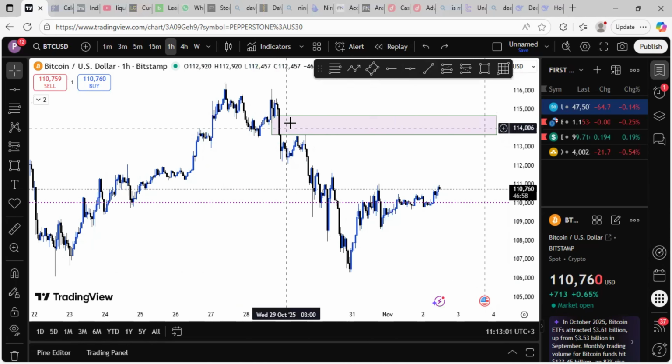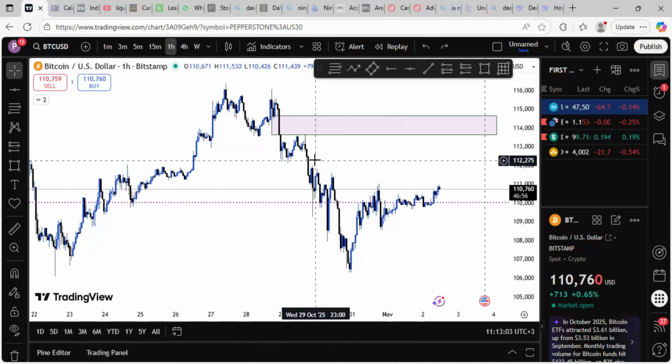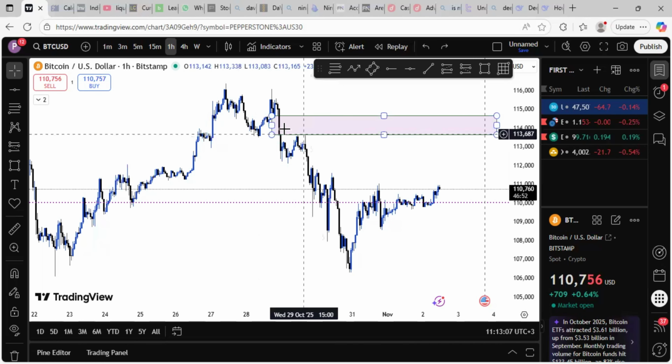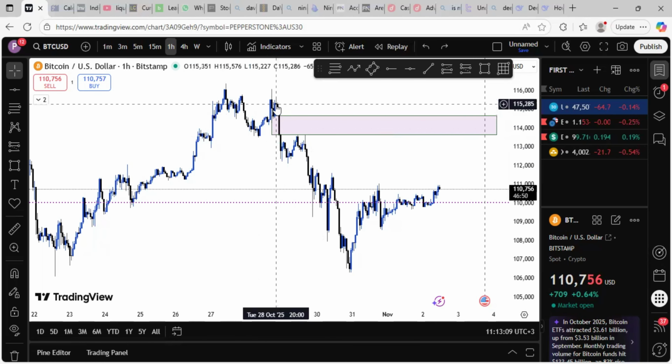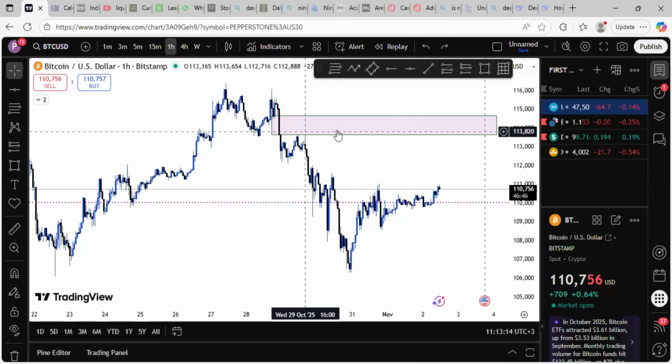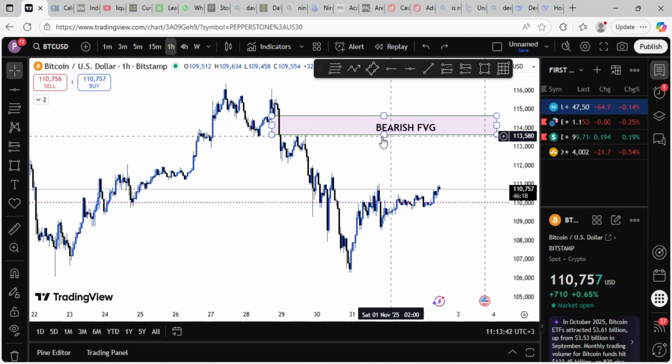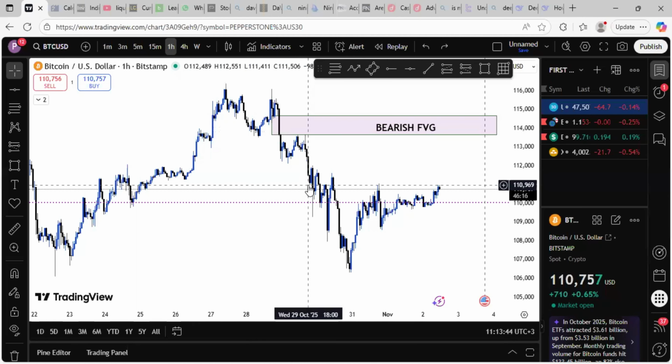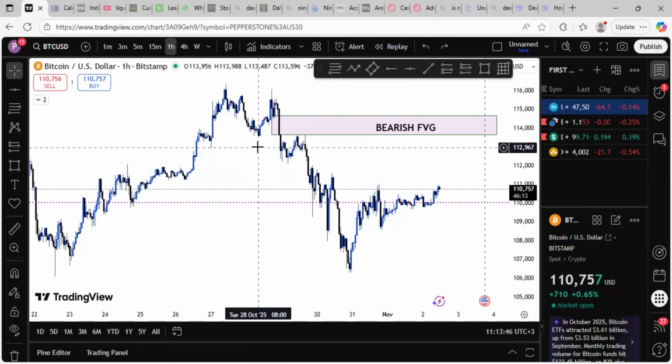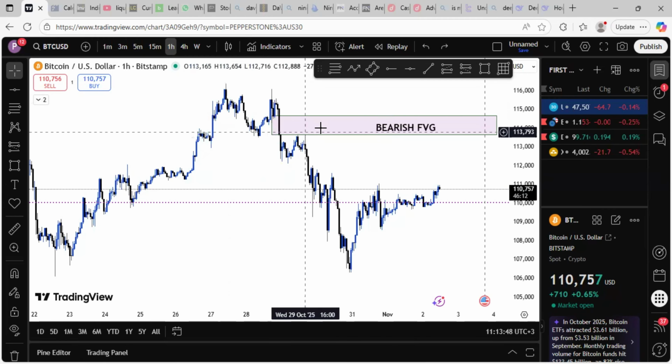Now if we have the fair value gap here, it is formed when there is an imbalance in price, and the first candlestick and the third candlestick should not overlap the body of the middle candle. So now we have our bearish fair value gap at this level. What other things do we need to look for? Looking for the fair value gap that comes from the higher time frame, like 1 hour here.